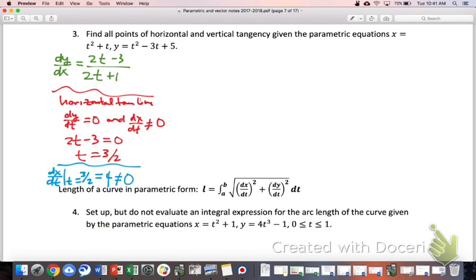But the point where we've got this horizontal tangent line would be, let's see here, it'd be 9/4 plus 3/2, so 15/4. I'm just plugging back into my x equation. And then, let's see here, it'd be 9/4 minus 9/2, negative 9/4 plus 20/4. I'm getting 11/4.